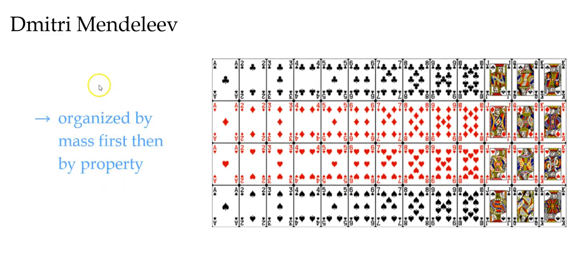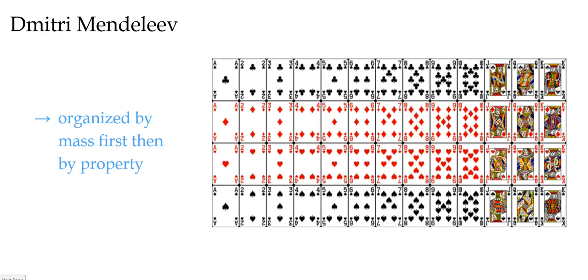He organized his periodic table with the mass of the element first, and then by the properties that they all had in common. And what made him different from Newlands was this fundamental thing where he said that maybe we haven't discovered all of the elements yet, so we're going to leave room for the elements that we have not yet discovered.